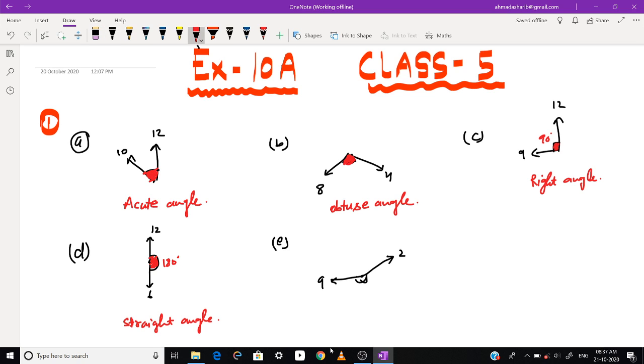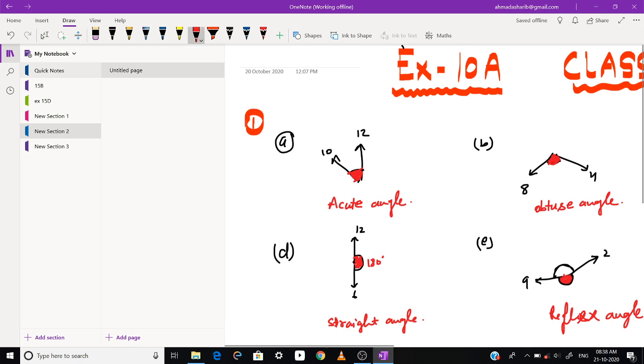Since if we look at the opposite angle, this is obtuse, so the angle opposite to obtuse is called a reflex angle. Okay, so this is a reflex angle. Fine, so this was question 1 of this exercise.